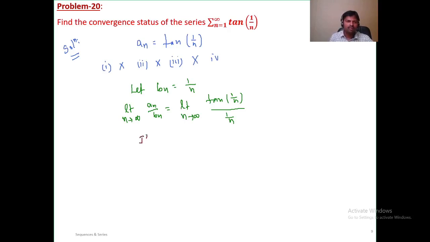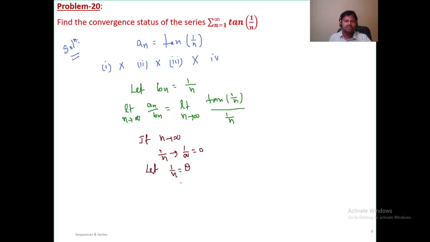If n is reaching infinity, therefore 1 upon n is reaching which number? Can you guess? N is reaching infinity, therefore the reciprocal 1 upon n goes to 1 upon infinity, which is nothing but 0. So 1 upon n goes to 0. Now let 1 upon n equal some theta. I am renaming 1 upon n as theta.